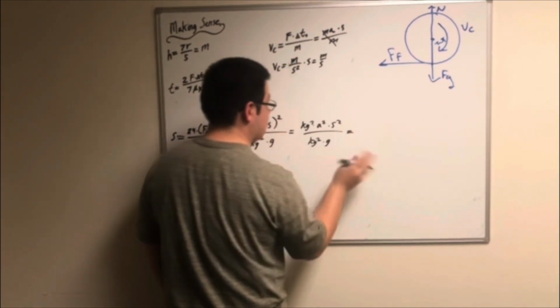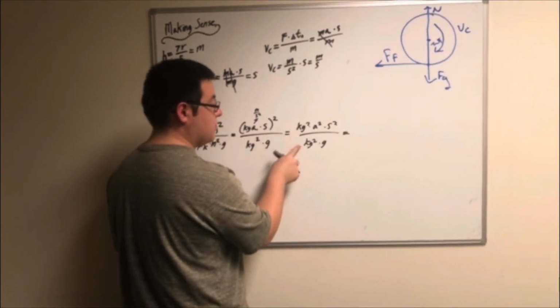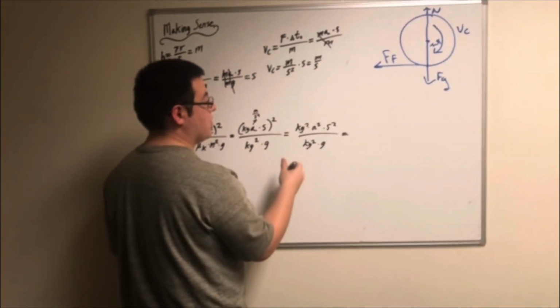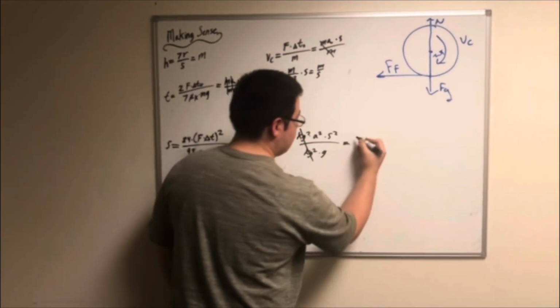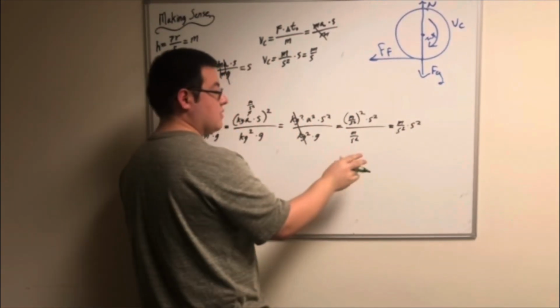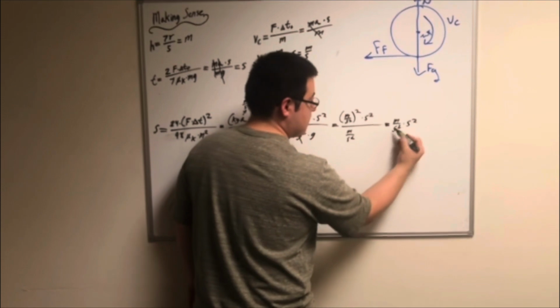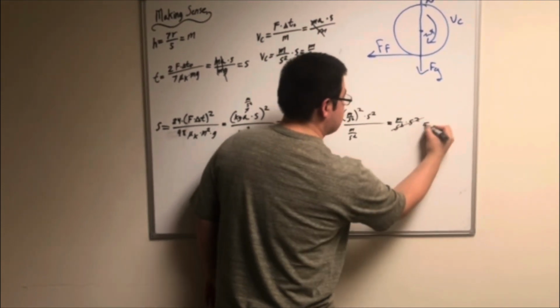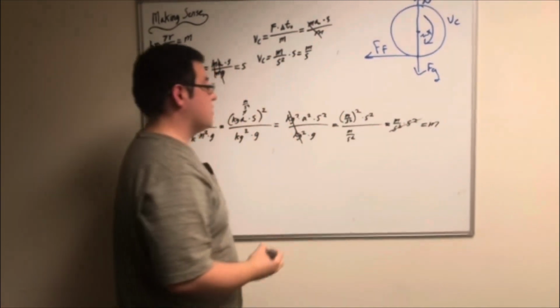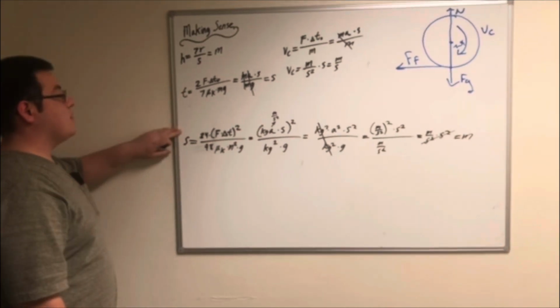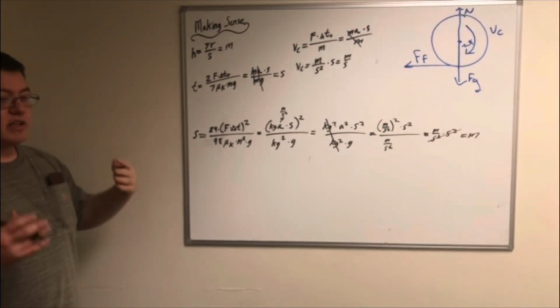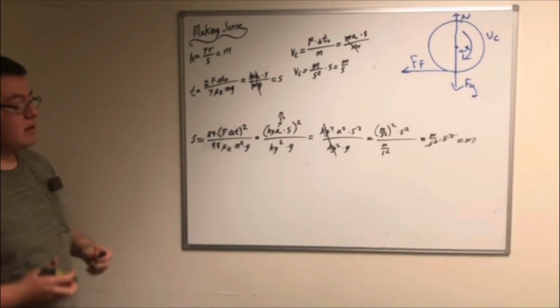So we can write those. But first we need to acknowledge that there's 2 kgs on the top and the bottom, which cancel each other out. And this is the part where we acknowledge that now it's just meters, because these two cancel out, and so we're just left with meters. So now we have our displacement. This is one way to check that everything's correct, and so it is.